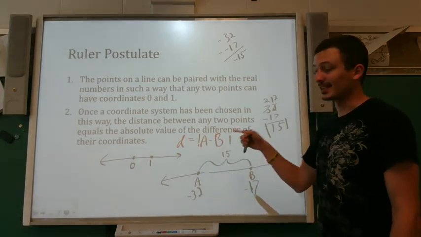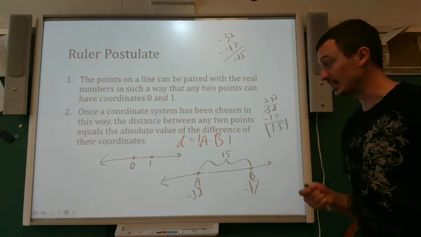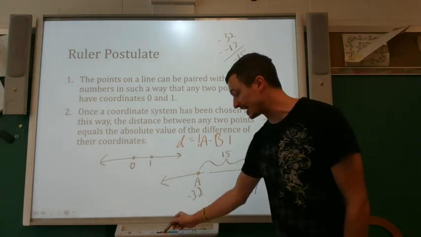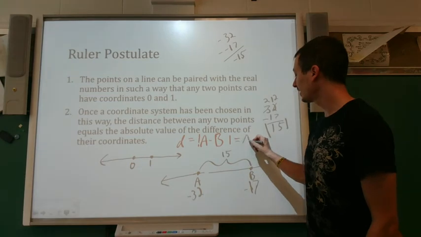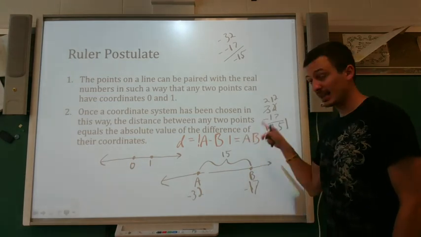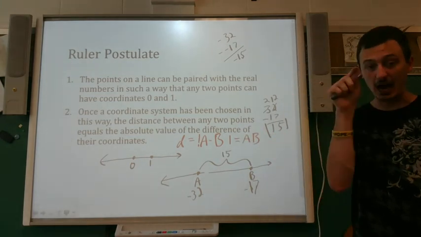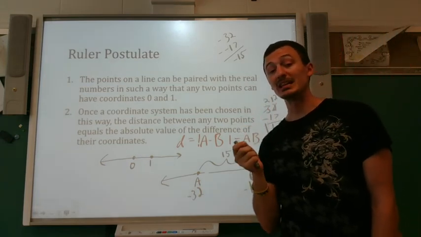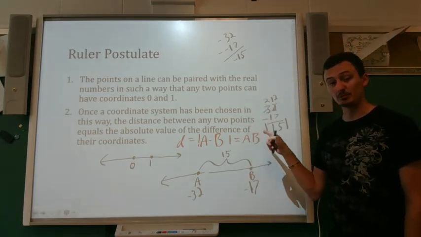This distance, the distance between A and B, can be notated by just saying AB. AB by themselves, without anything over the two letters, means the distance between points A and B.